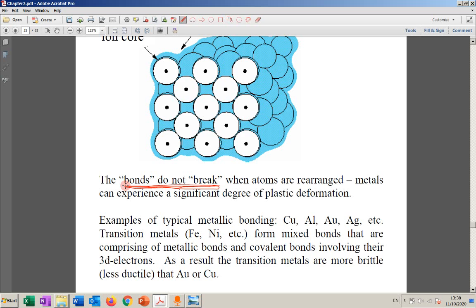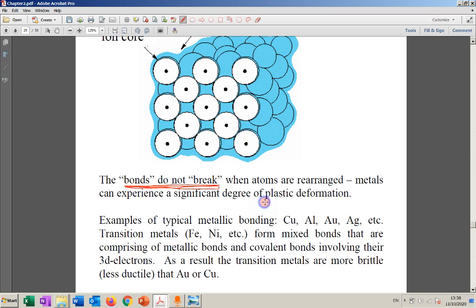What will happen? They will slip, and there will be some rearrangement. Yes, the shape is going to change, but the bond will regenerate. Why? Because the electron sea is not letting any specific bond break, so they call this plastic deformation.